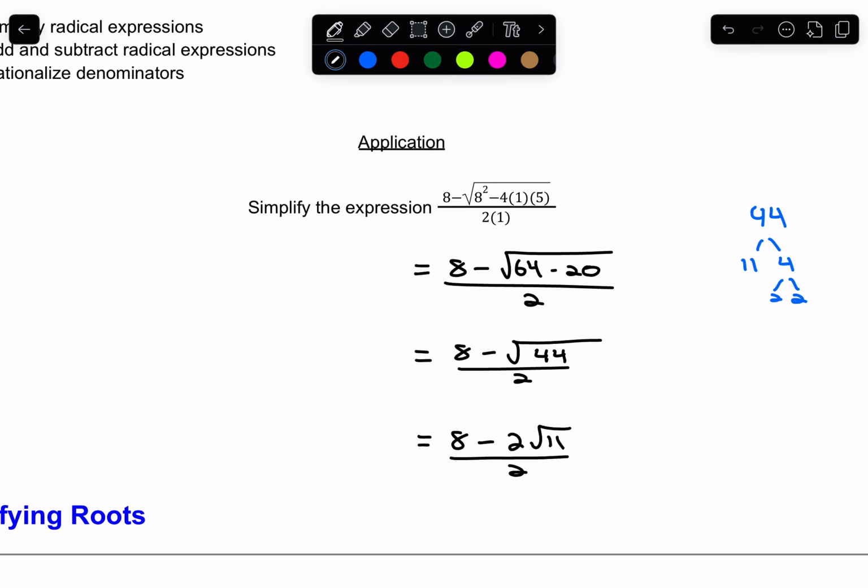Then, because everything on top is divisible by 2, I can simplify this by doing 4 minus root 11, where I did 8 over 2 and 2 over 2. And that gave me 4 minus 1 times root 11, but we can just leave off the 1, and we have 4 minus square root 11 as our answer.